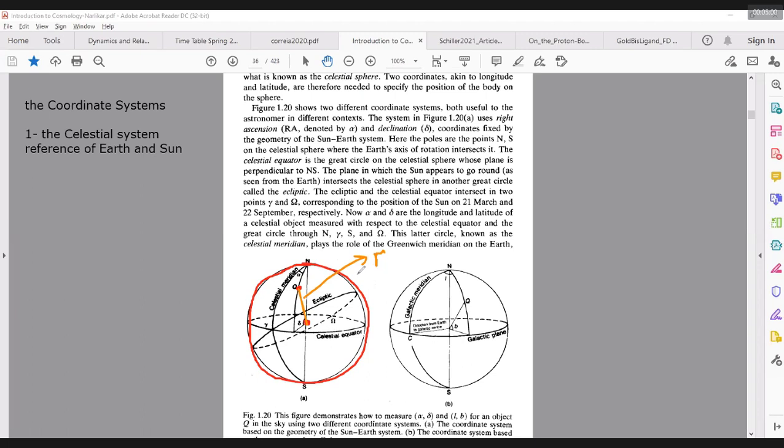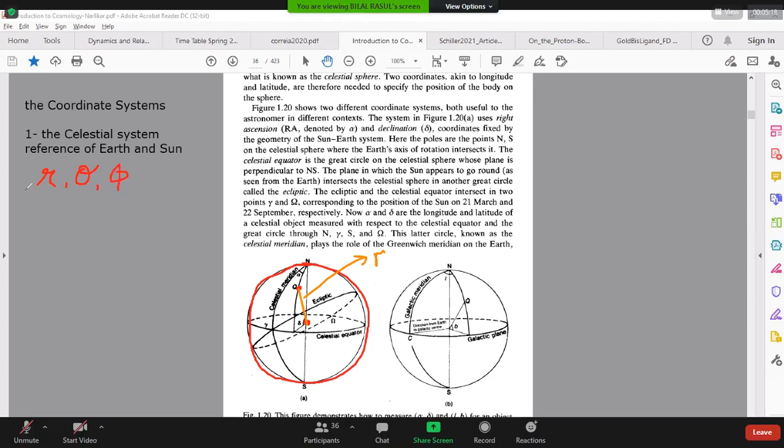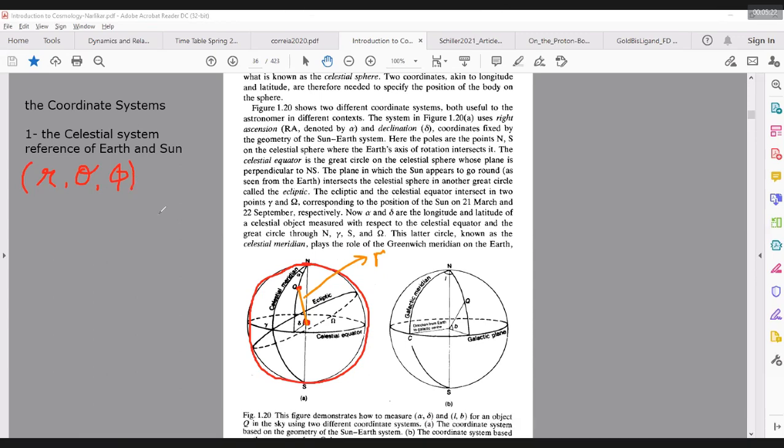If it is spherical, then you need two more coordinates after the radius. You need theta and phi because it makes up the spherical coordinate system.